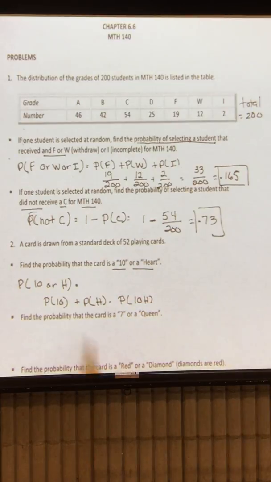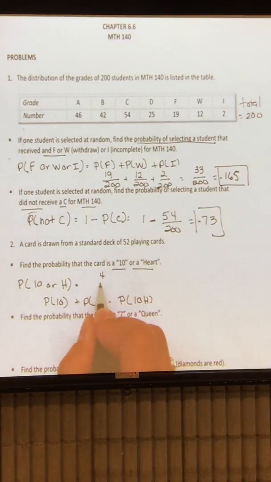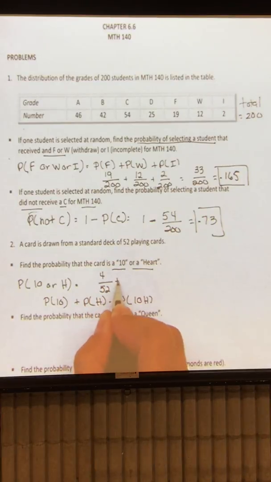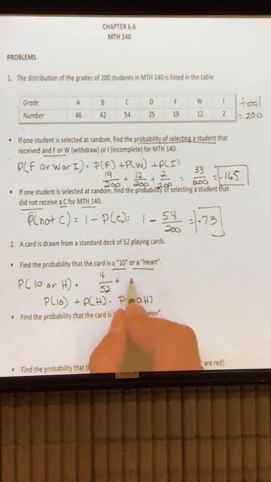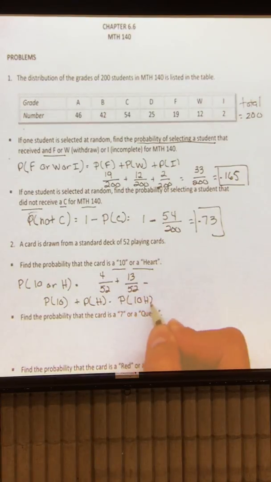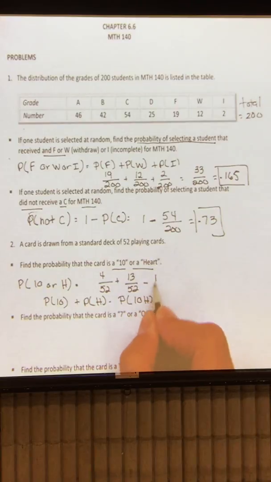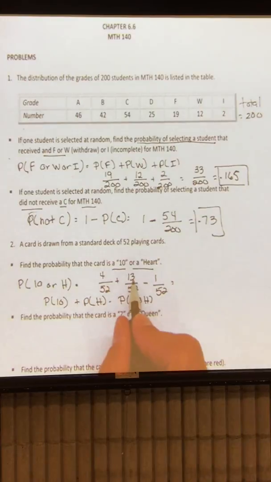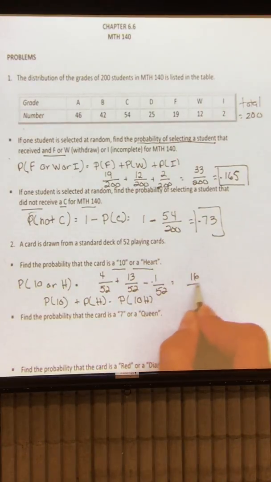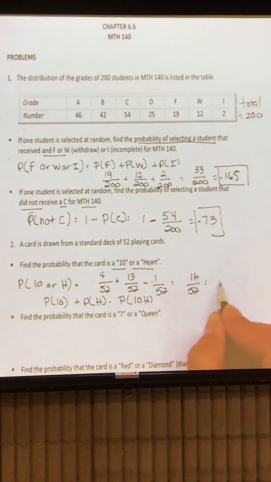For the probability of 10, you've got 4 tens, so 4 over 52, plus the probability of hearts, 13 hearts over 52, minus 1, since you've got 1 ten of hearts, 1 over 52. Calculating that, 4 plus 13 minus 1 is 16 over 52, which is equal to 0.308.